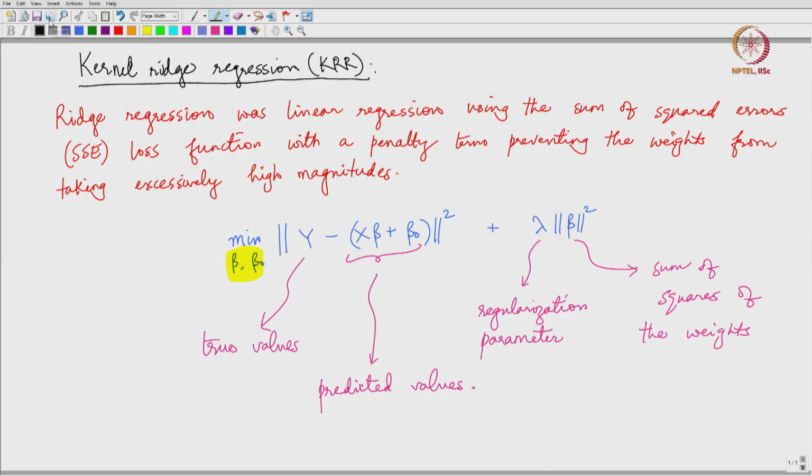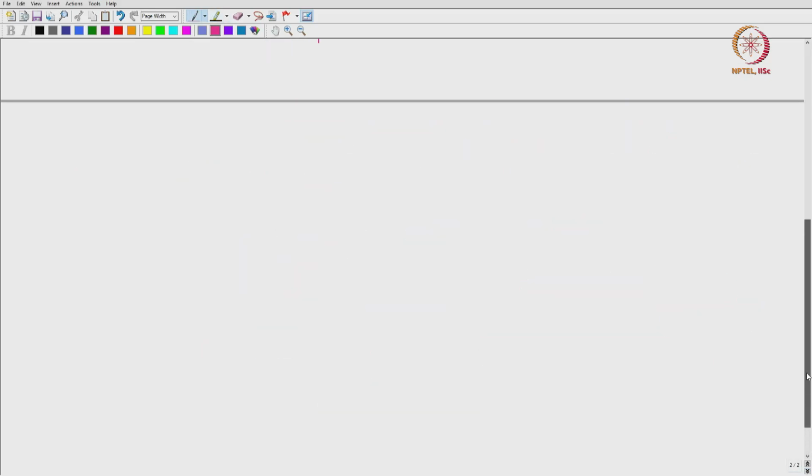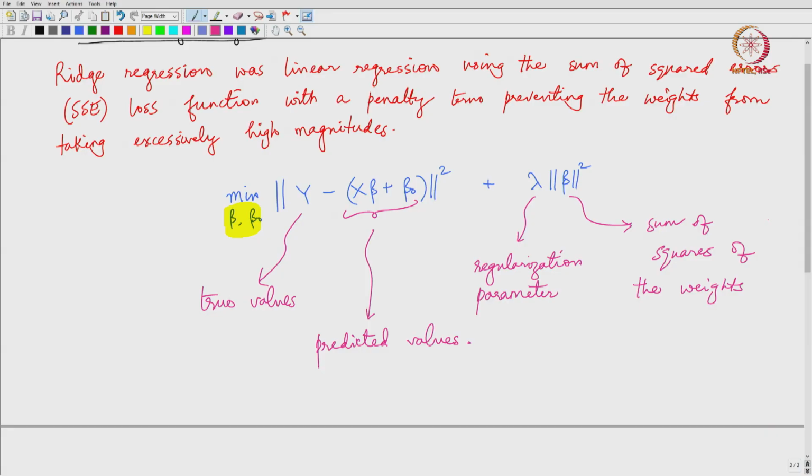Okay. So that is what was going on in ridge regression, and in fact there was an analytical solution very similar to plain vanilla linear regression, and we said that this beta hat is essentially (X transpose X plus lambda I) inverse X transpose y.